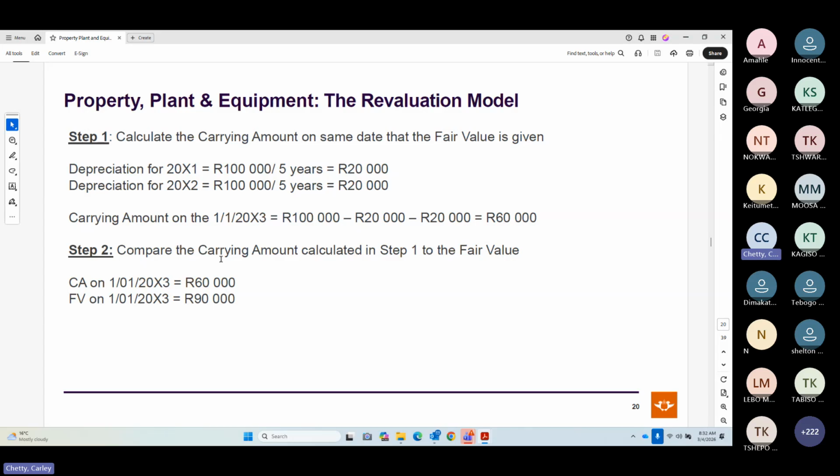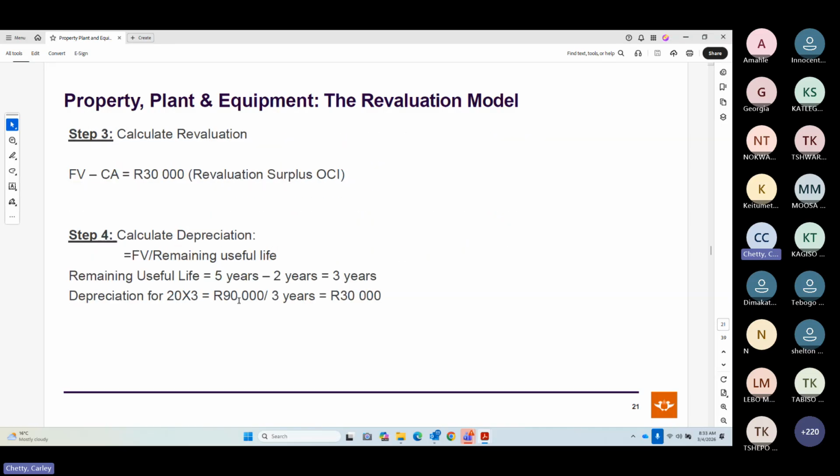Now we are going to compare the carrying amount calculated in step 1 to the fair value. So the carrying amount on 1 Jan 20x3 is 60,000, and we are going to compare that to the fair value on 1 Jan 20x3 of 90,000. Now we need to see if there is a revaluation.